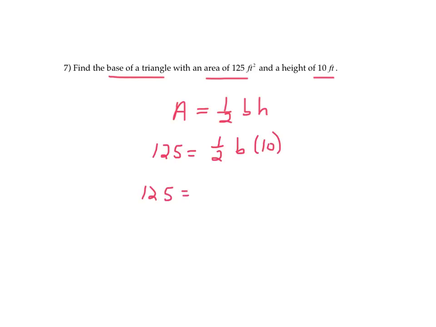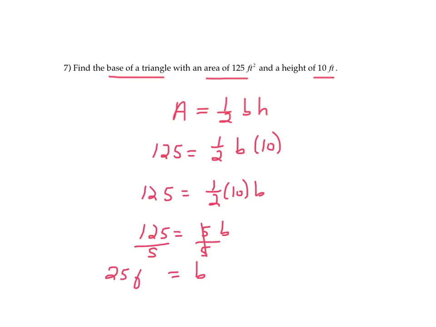Okay, because this is multiplication, you can change the order and do 1/2 times 10 times b to make it a little bit easier. So half of 10 gives us 5. So 125 equals 5 times the base. Take and divide both sides by 5. So 125 divided by 5 gives us 25, and the units will be feet. So the base length is 25 feet.